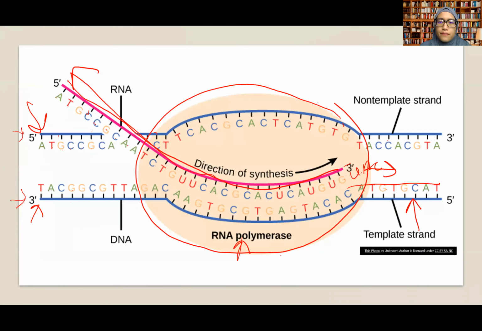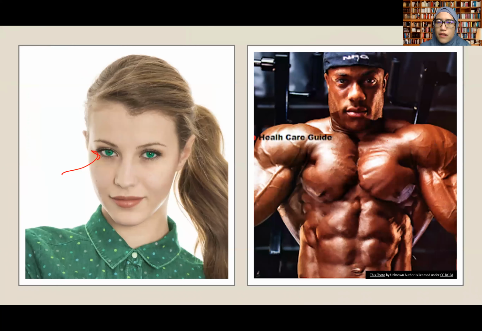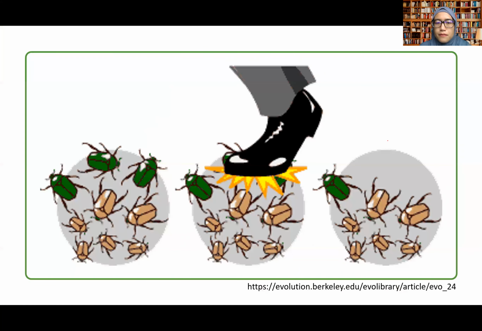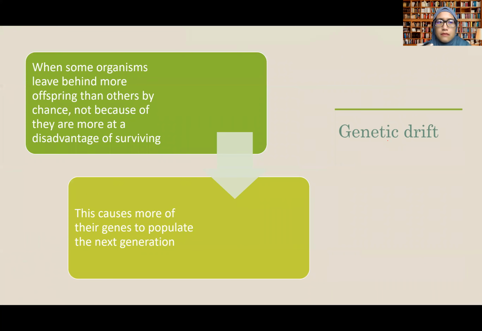However, for genetic drift, it has no advantages whatsoever when compared to other organisms. It just happened that they produce more offspring than other organisms. So this causes more of their genes to populate the next generation.